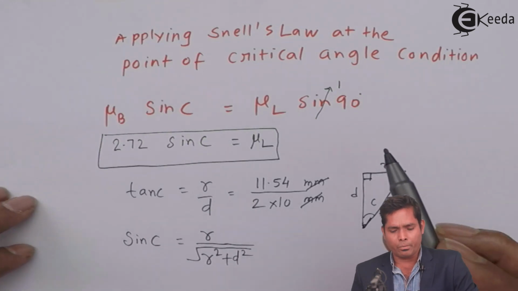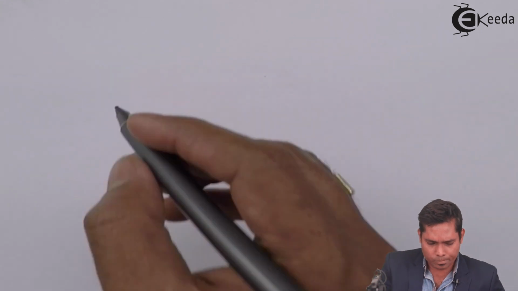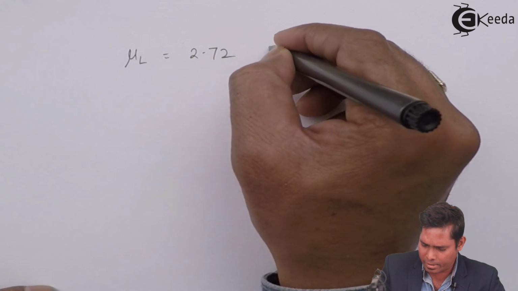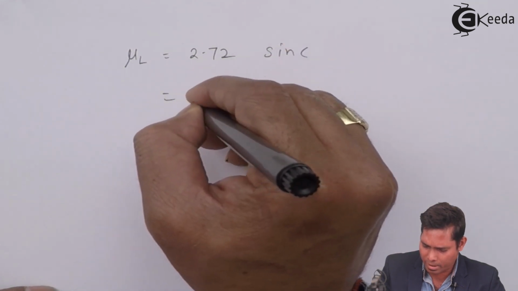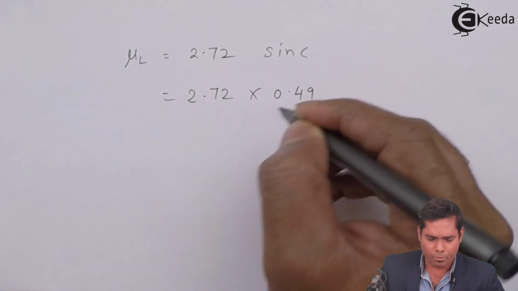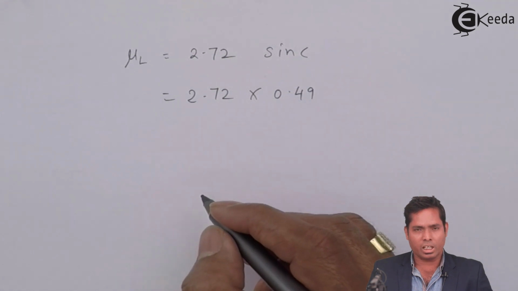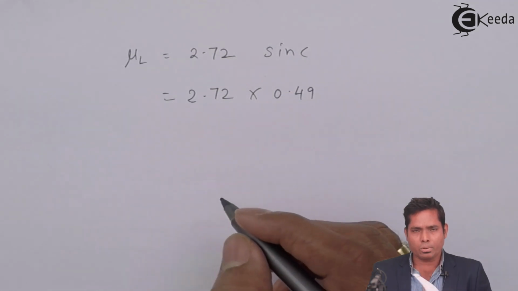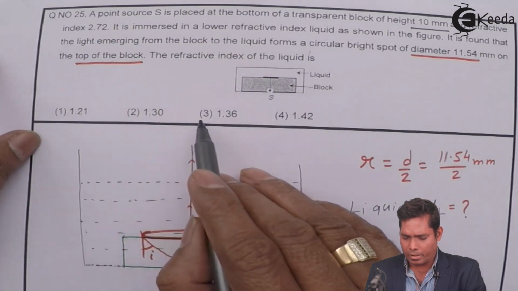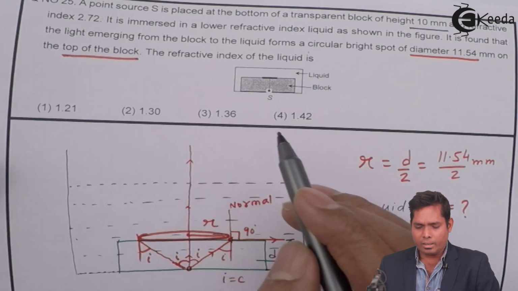So I'll put 0.5 because it is not going to bring much change. So mu L is 2.72 into sin of C, 2.72 into 0.49, and if you take 0.5 also, that is not much change in the answer. Let us see the options. You can see the options are 1.33 and 1.36, so you have to be more accurate on that.